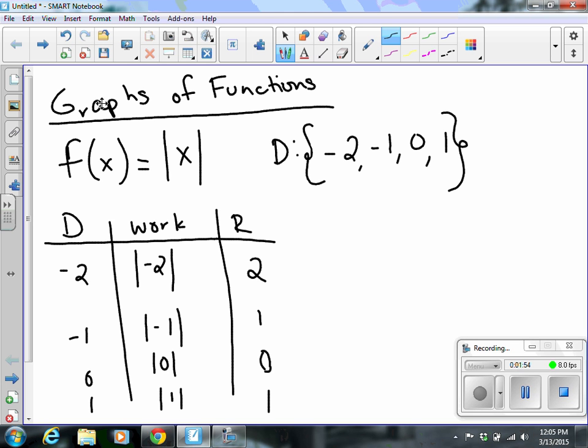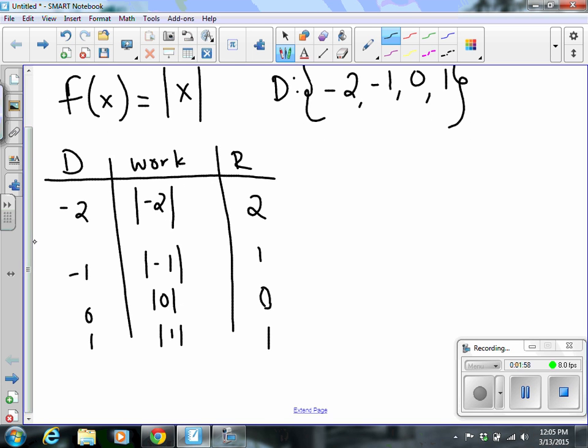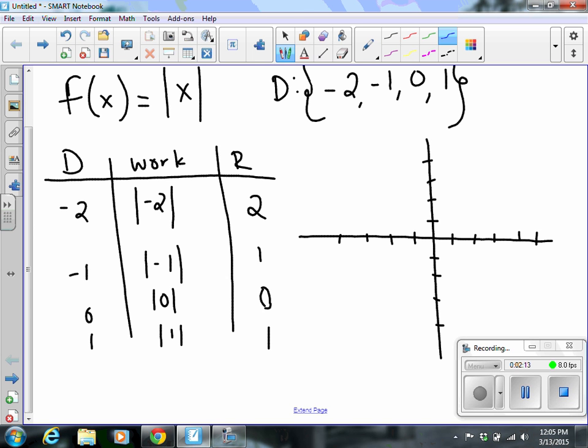So now I've got a domain and a range, and I can use that then to graph my points. Because remember, a domain and range is an ordered pair because it's a relation. And we know that a domain are my x values and my range are my y values. So I'm going to go ahead and just plot those points.